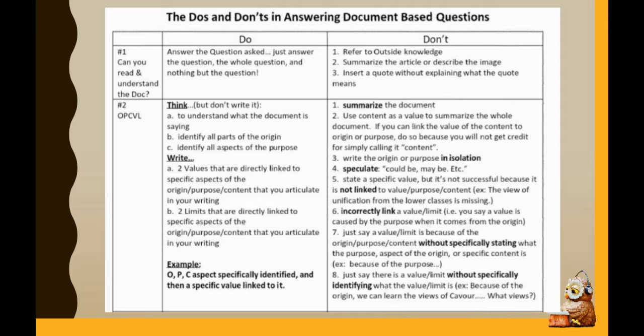And don't just say there is a value or limit without specifically identifying what the value or limit is. Example, because of the origin, we can learn the view of Cavour, and what's the view, like that.